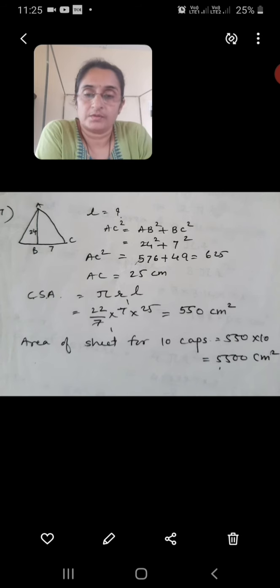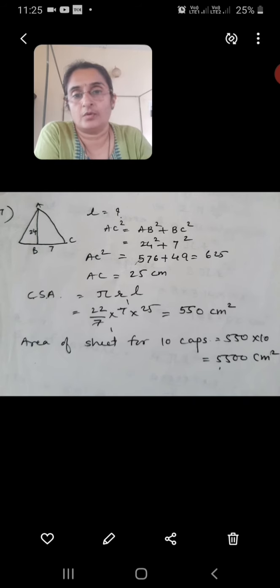And to find the total surface area, the curved surface area and the one circle of the cone will also be included. So together it will be the total surface area. For that we use the formula pi r (r plus L).